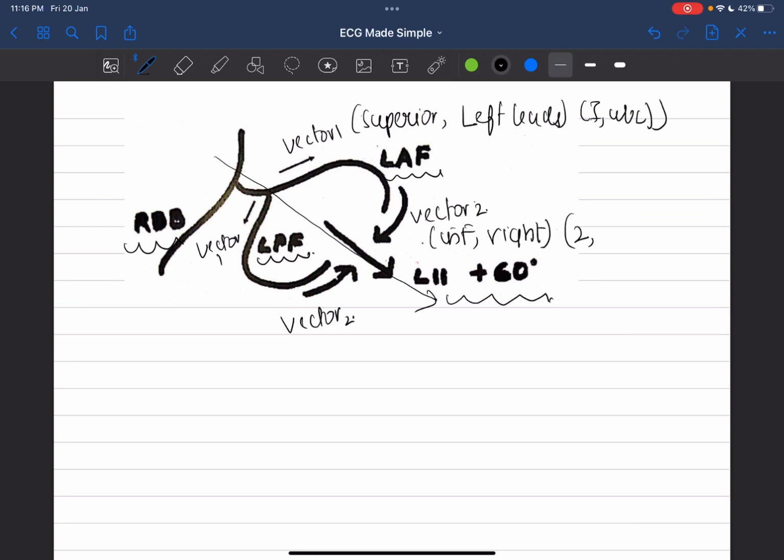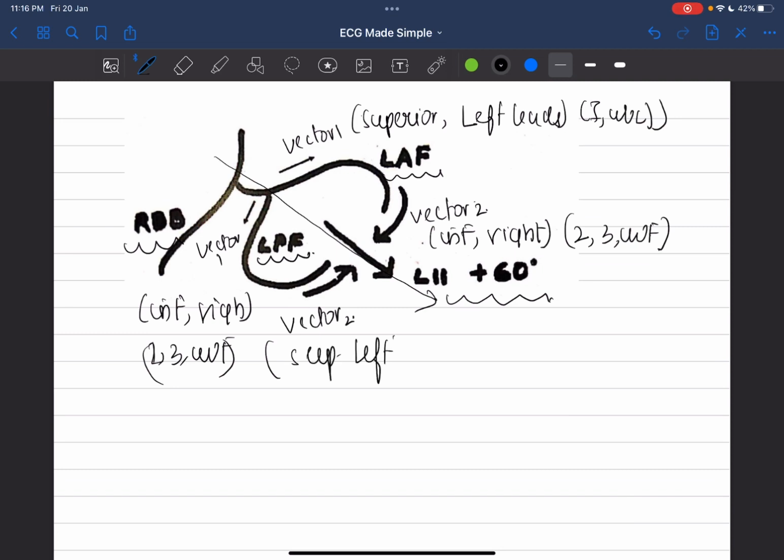That is leads 2, 3, and aVF. In the case of the left posterior fascicle, it initially goes inferior and to the right, an example of leads 2, 3, and aVF, and then the major vector goes superiorly and towards the left. That is towards lead 1 and aVL.